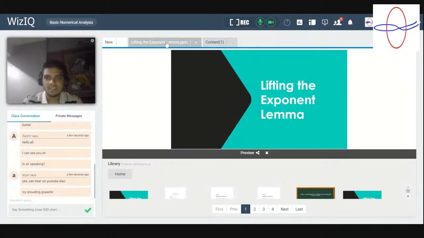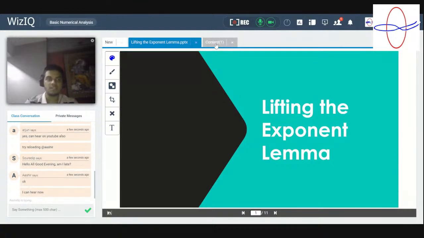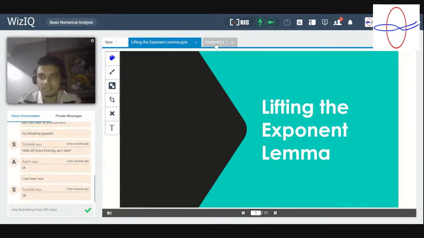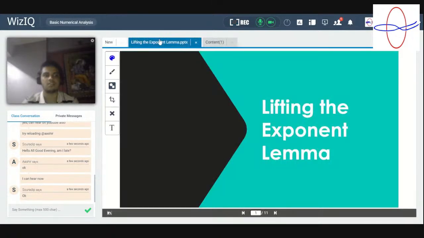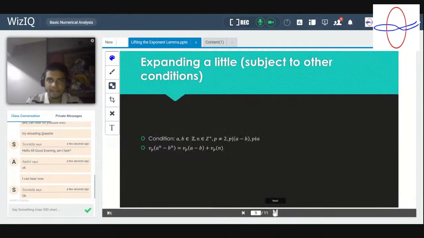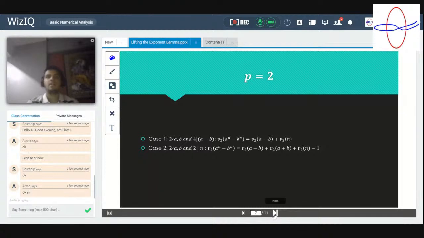So, yeah, we had a little bit left of the lifting the exponent lemma. No, sorry, we're just starting. We had a couple of slides left of the lifting the exponent lemma, and then we'll start with today's topic. Last class we basically stopped at the case about 2.